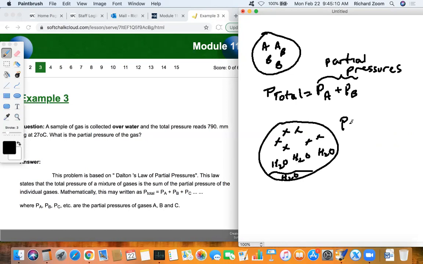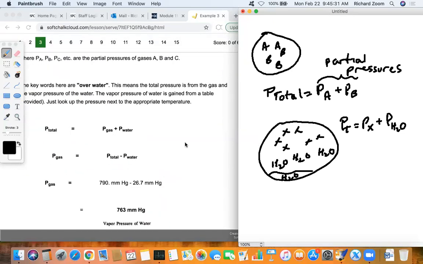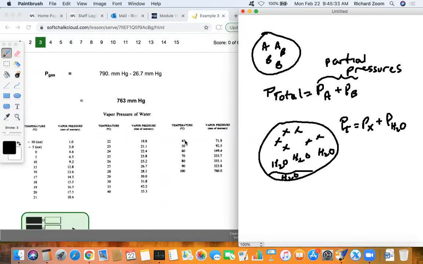So the total pressure of any gas above water will be Px, the pressure of the gas, plus the pressure of water. The thing is, because of the way the vapor pressure of water works, it's actually predictable what the vapor pressure of water will be under any given temperature conditions.